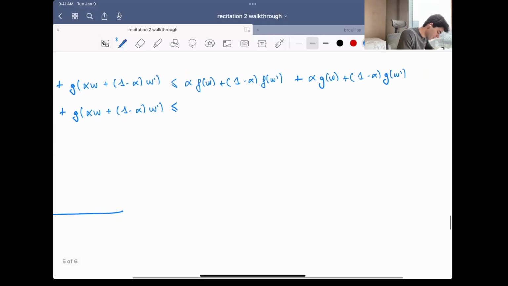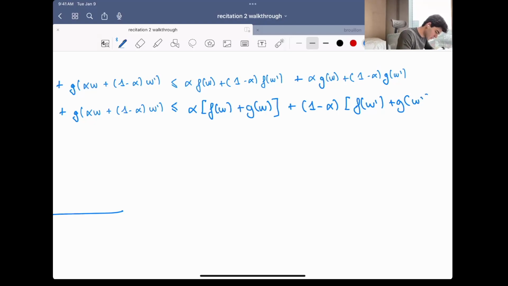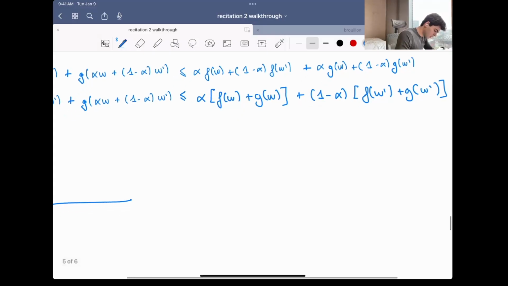And then here we can factor by the alphas and the 1 minus alphas, right? Think of them as weights, if you will. 1 minus alpha times f of w prime plus g of w prime, right?